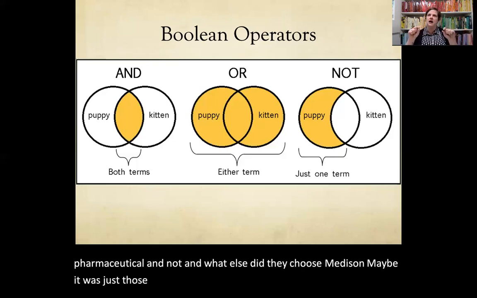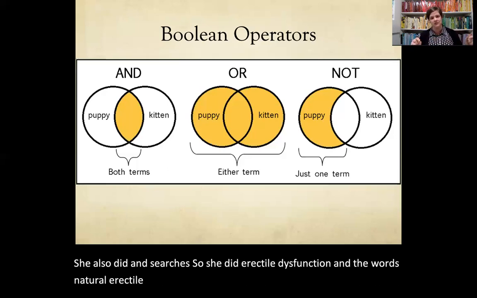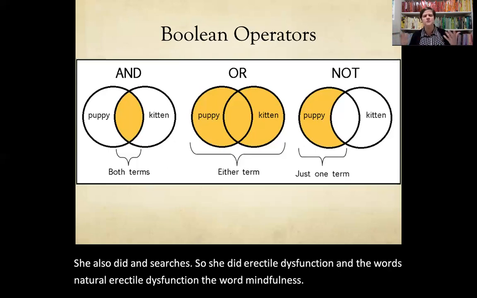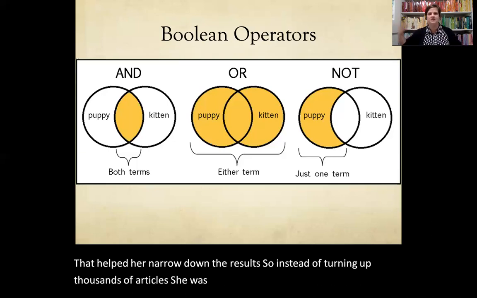But then she also did and searches. So she did erectile dysfunction and the word natural, erectile dysfunction and the word mindfulness. And that helped her narrow down the results. So instead of turning up thousands of articles, she was only turning up dozens of articles to start weeding through.